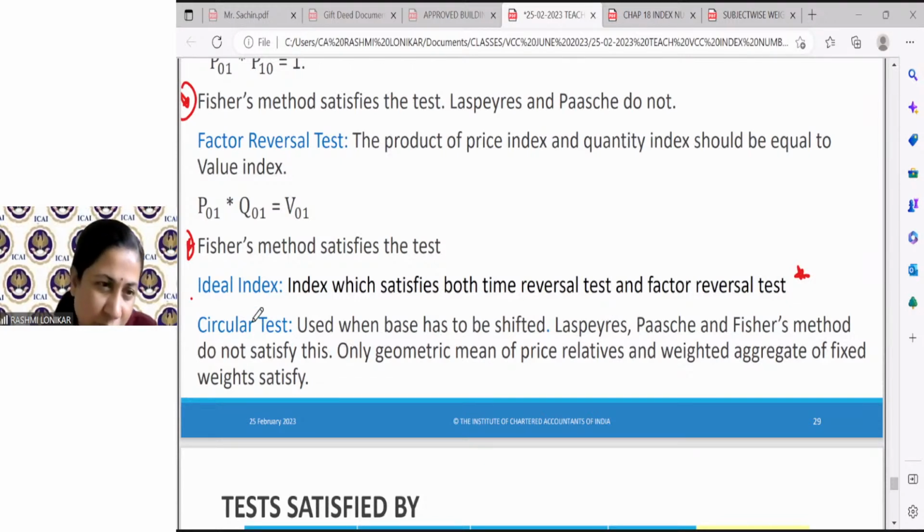This you have to learn, because this is a very popular theory question: which index number satisfies the circular test? Only the geometric mean of price relatives and the weighted aggregate with fixed weights satisfy the circular test. What does circular test mean? That P01 into P12 into P20 is equal to 1.